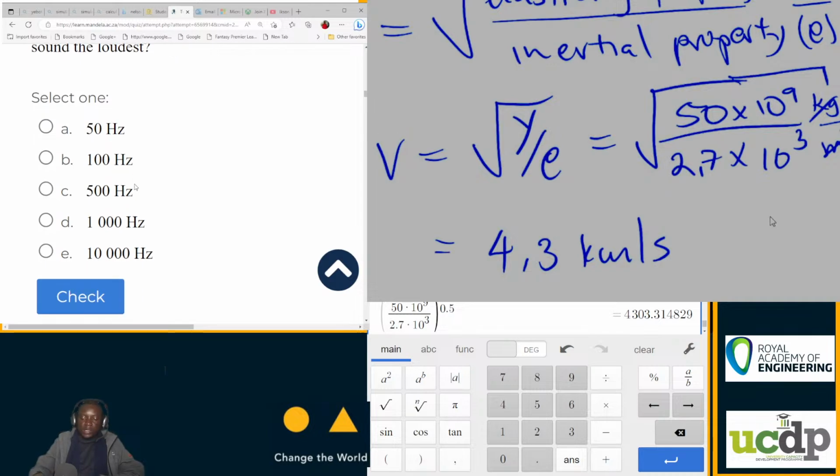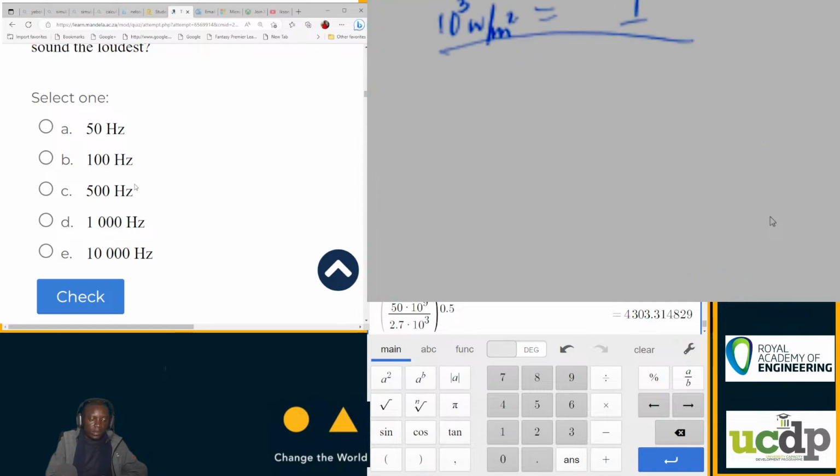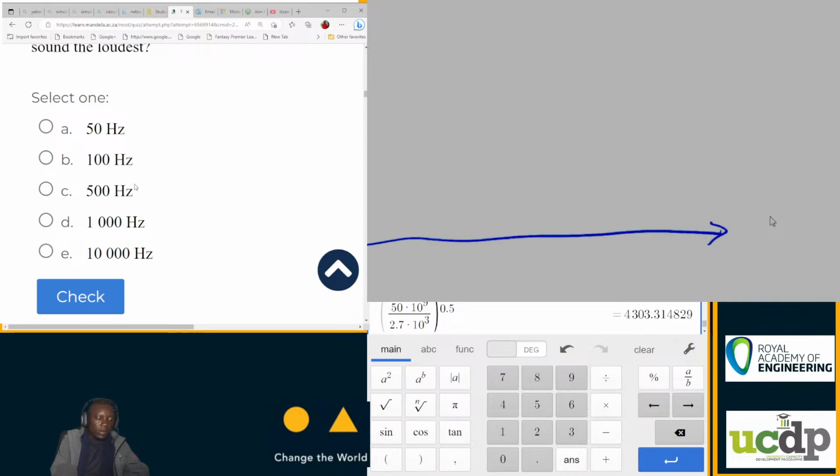So for this kind of question, you should have come across a graph of intensity level in decibels versus frequency, which basically shows the different frequencies on a log scale, the power that would have the same intensity level.